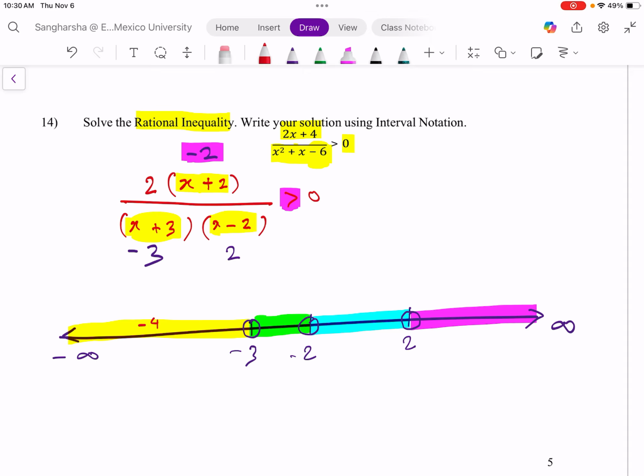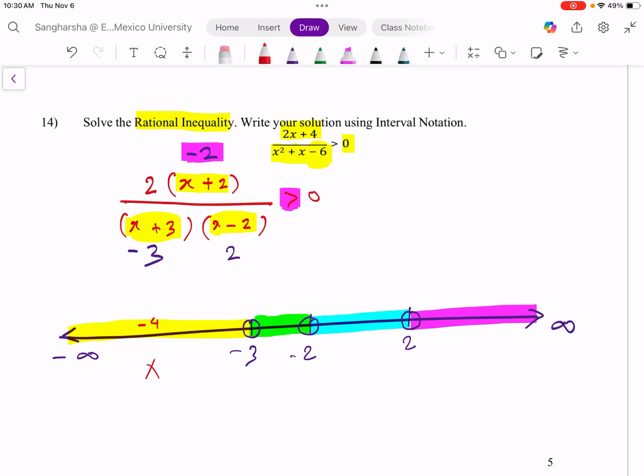So we have positive 6 here. Negative 4 plus 2, negative 2, so negative 4. So negative 4 divided by 6 greater than 0. True or false? That's false, right? A negative number is not greater than 0, so this is not a solution.